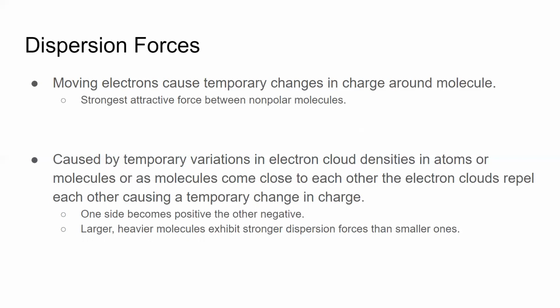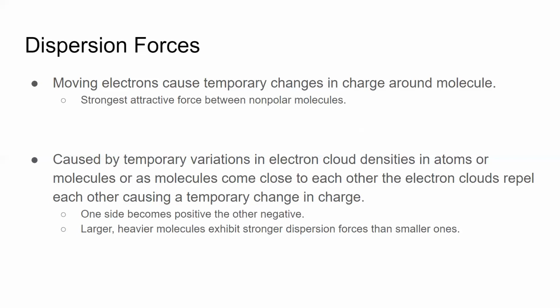Larger, heavier molecules tend to have stronger dispersion forces than smaller ones because there's a larger cloud around them. So you can get a larger change in density of the electron cloud towards one side, causing a much bigger charge. So it becomes a stronger force.